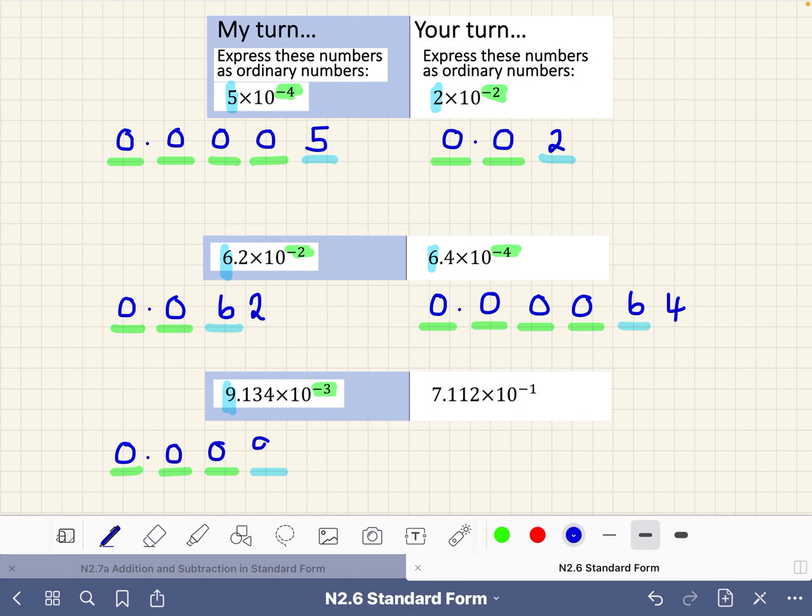We then reach the 9 and the 1, 3, 4 are written straight after it. That means that 9.134 multiplied by 10 to the minus 3 is the same as 0.009134. Press pause while you try the your turn question.